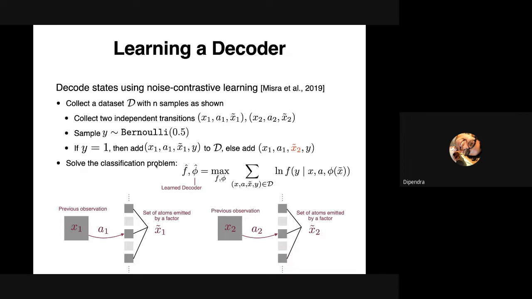And then we will solve the classification problem, this maximum likelihood, by predicting if a given transition x, a, x tilde in the data set is real or imposter. And to recover our decoder, we will put a bottleneck model on top of x tilde, this phi, and we will train phi and f on this data set, and the recovered phi hat will be our learned decoder.